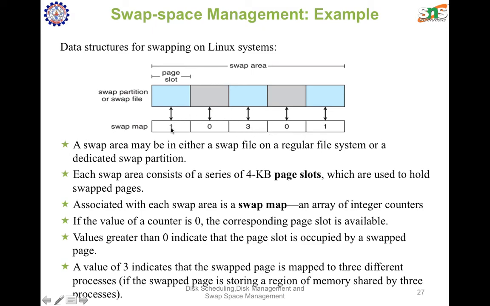So what it says, 1 means this page is referred by one process. 0 means this page slot is free, so that pages which are paged out can occupy this space. And here 3 for this page slot indicates this page is referred by 3 shared processes.